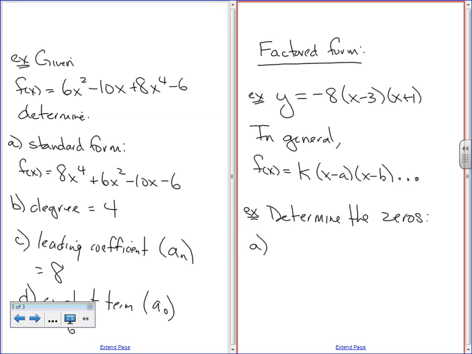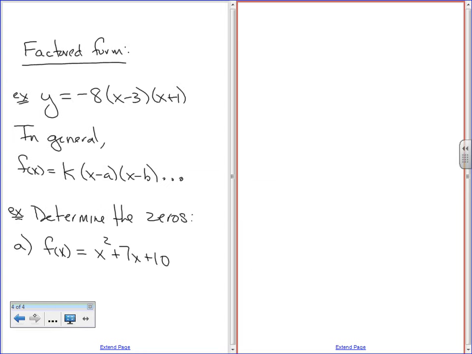And I'm going to give it to you in standard form, then we're going to put it into factored form, and then we'll determine the zeros. So if I say I have a simple polynomial function, something like this, again, everybody in this class should recognize that as being a quadratic, and you should say, okay, quadratics are U-shaped curves, so I know what that looks like. It's a parabola, right? I want to put this into factored form, because from factored form, then I can determine the zeros.